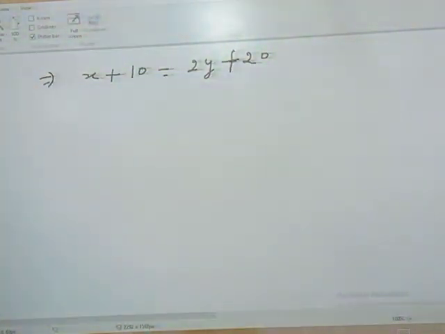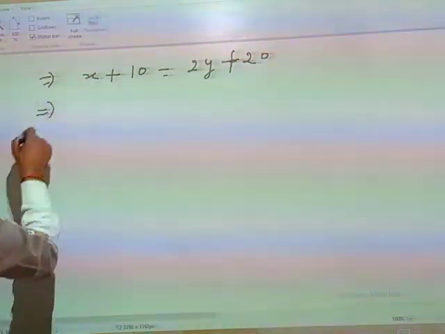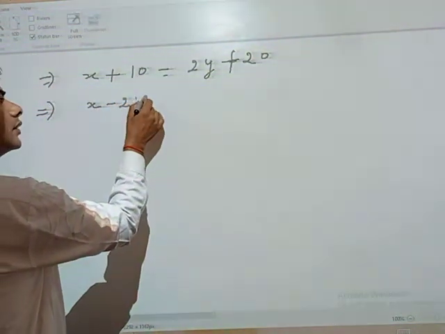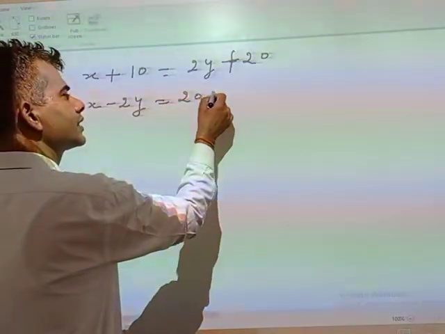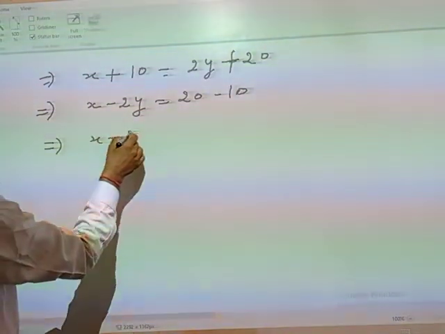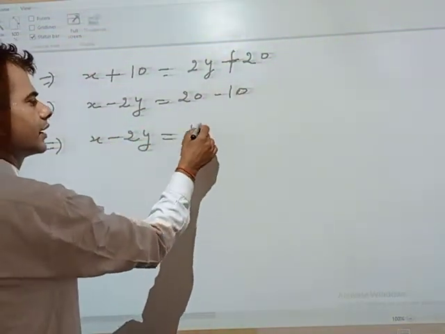Now we will transfer the variable to one side, that is x minus 2y equals 20 minus 10. x minus 2y equals 10.